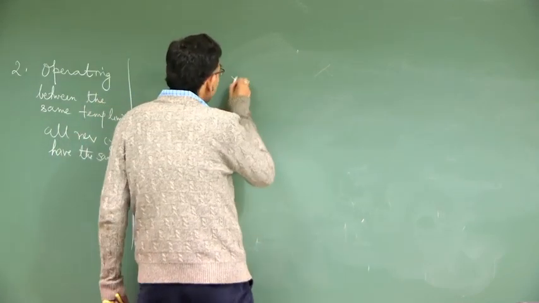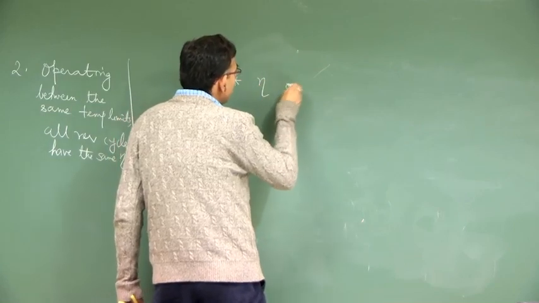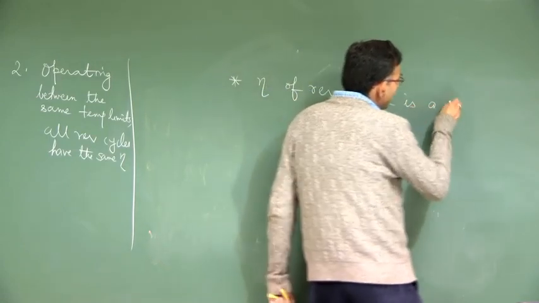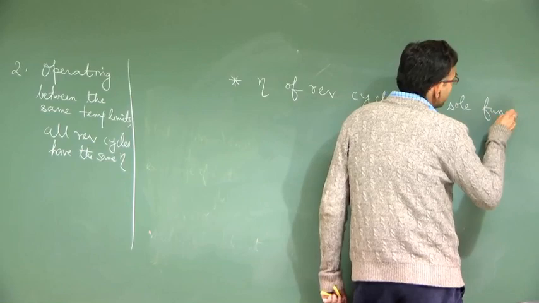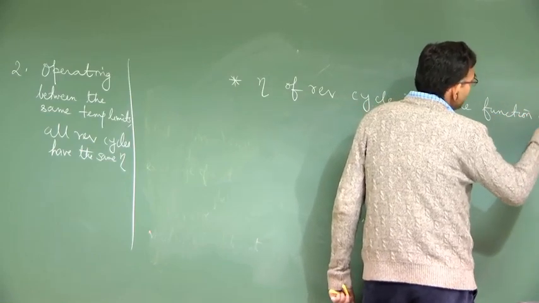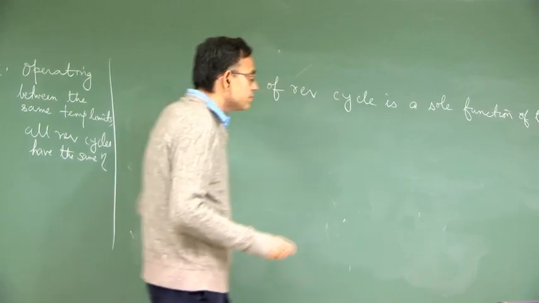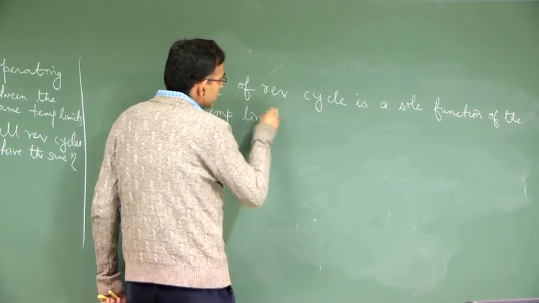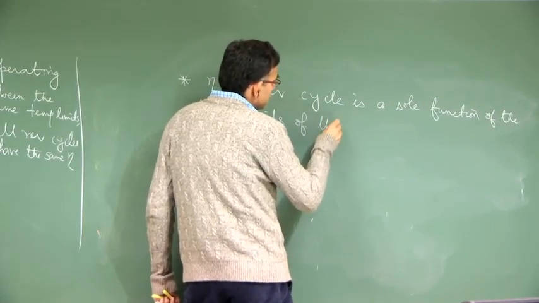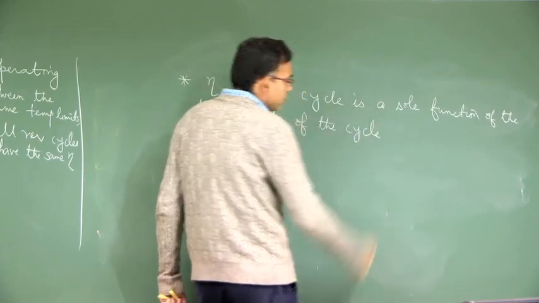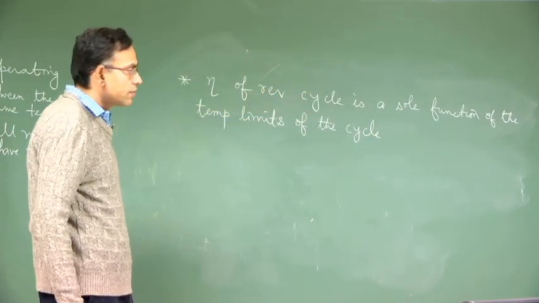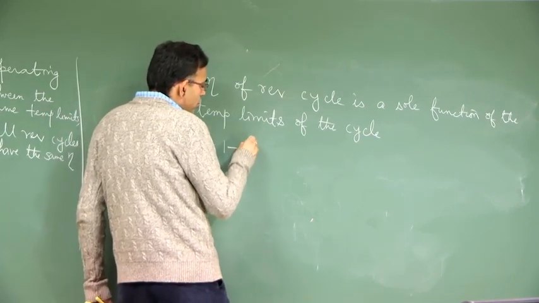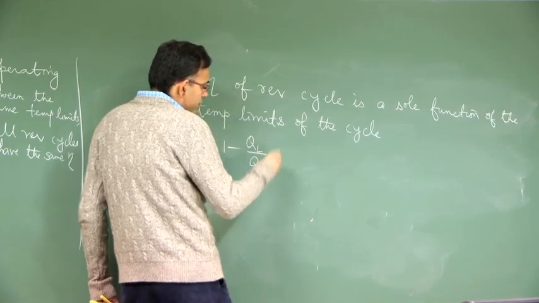So, the very important conclusion is that efficiency of reversible cycle is a sole function of the temperature limits of the cycle. So, in other words, efficiency is equal to 1 minus QL by QH.